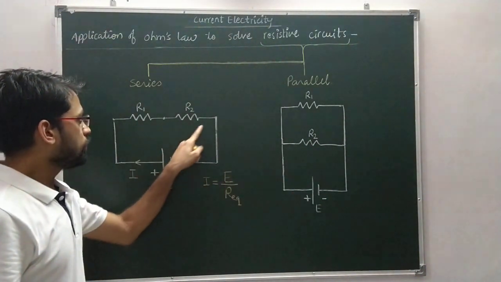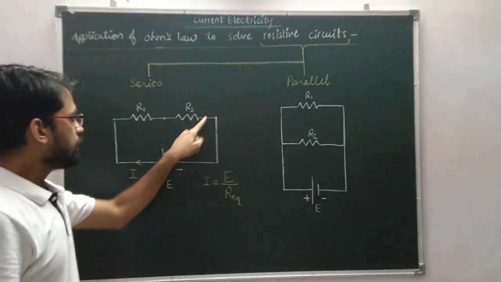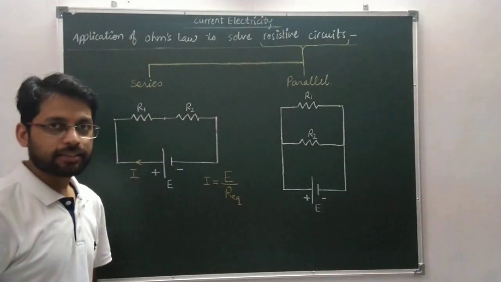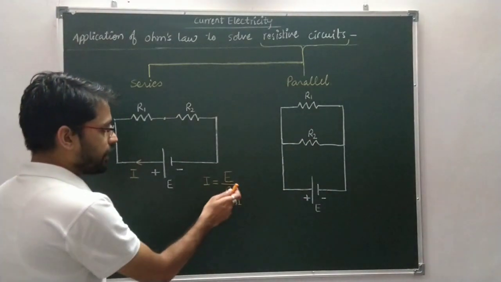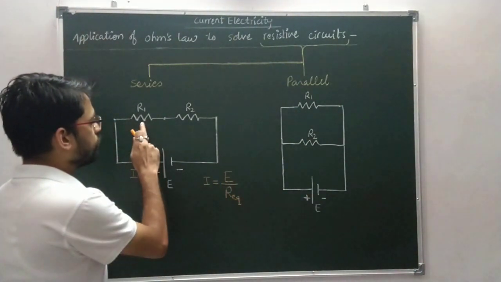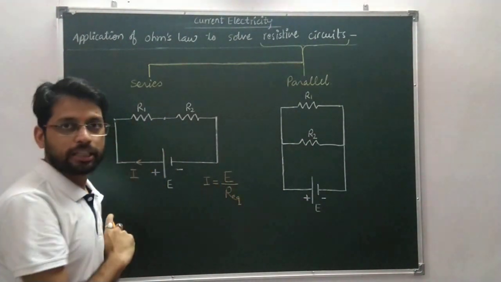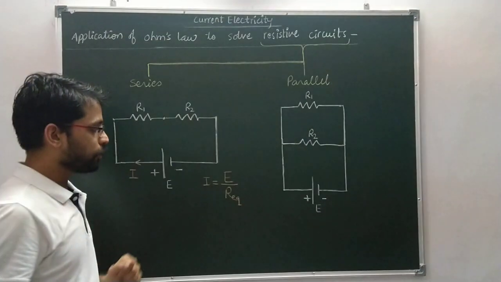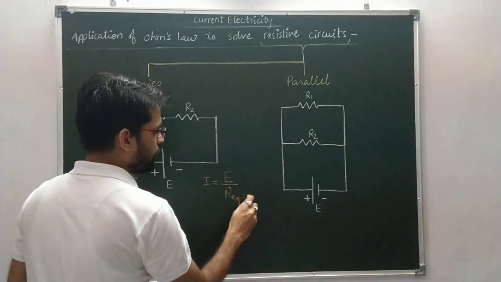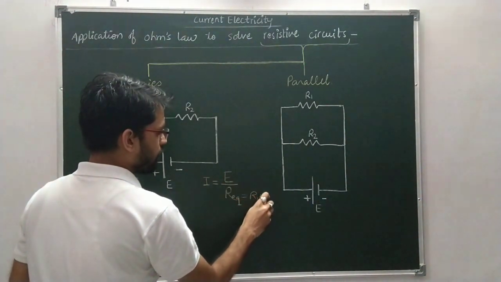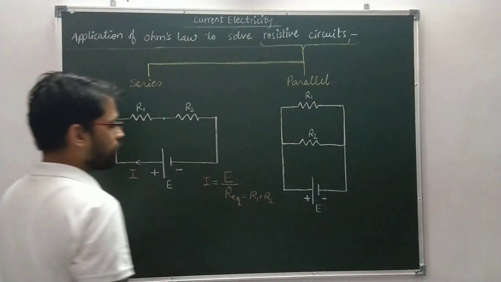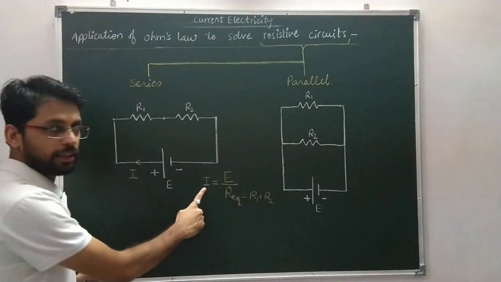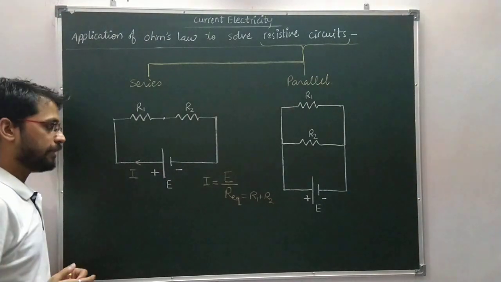Now in the circuit the resistors are connected in series, so we write the equivalent resistance of the series combination, and that will be R1 plus R2. Okay, so Req will be equal to R1 plus R2. And this division will give you the current drawn from the cell.